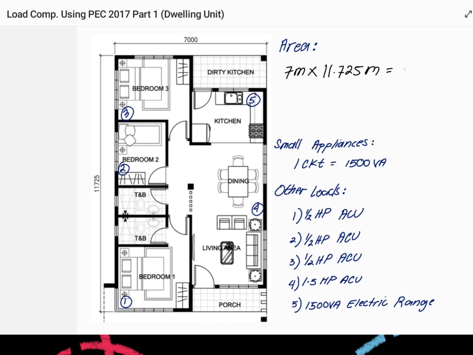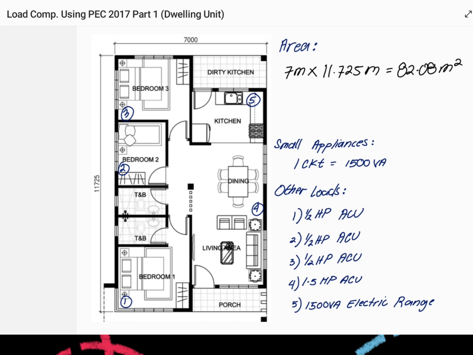So that is equivalent to 82.08 square meters.